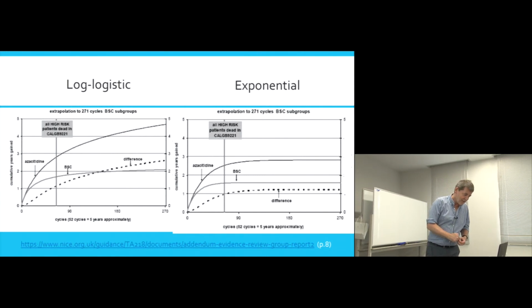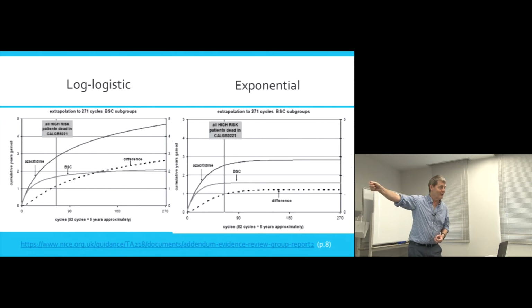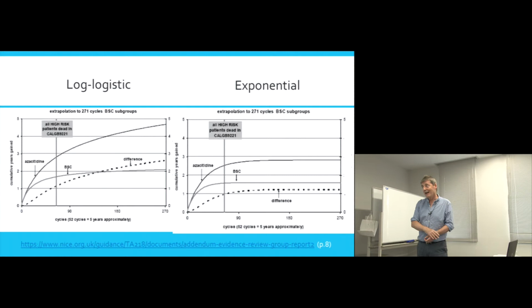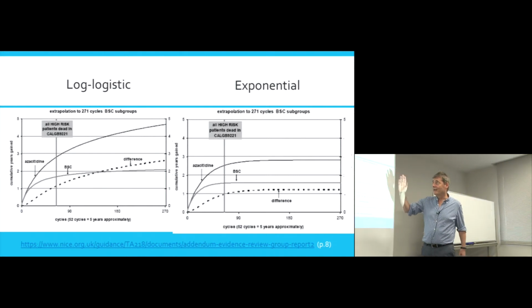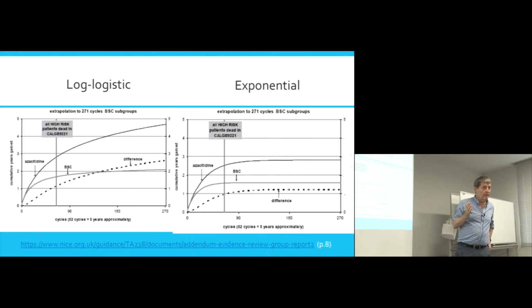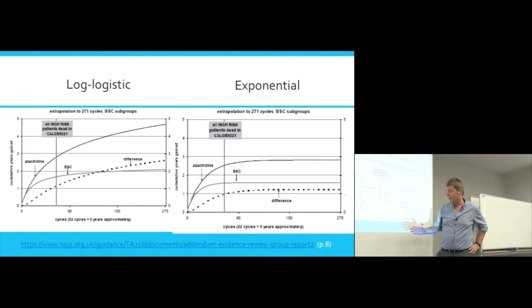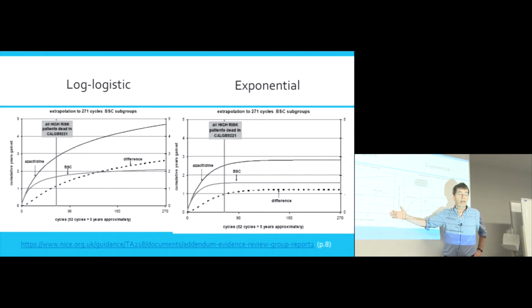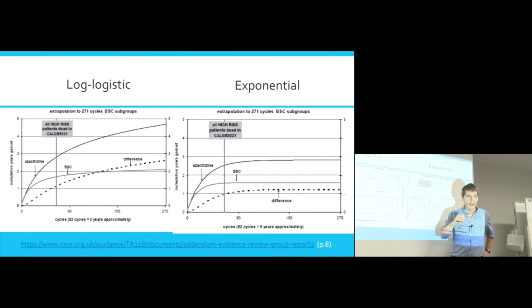Now, the manufacturer went, you won't be surprised, for the log-logistic model. That was their preferred model. The committee looking at this said, actually, we find the log-logistic is implausible. Part of it is so many patients surviving into their 9th decade. These are sick patients.